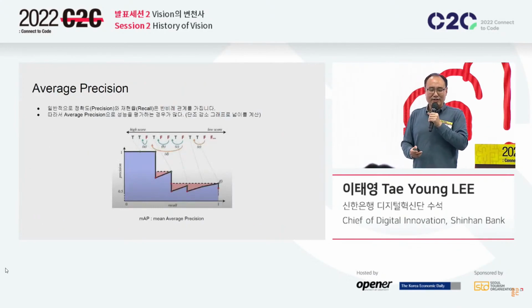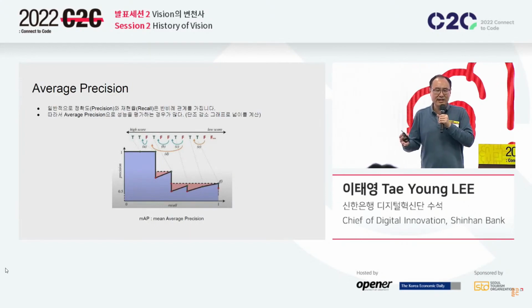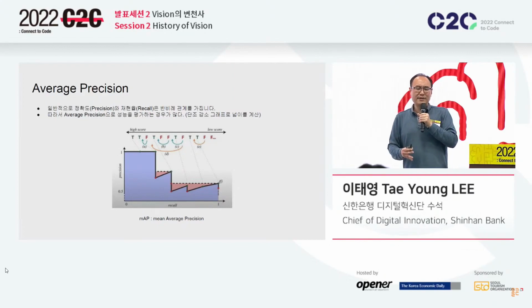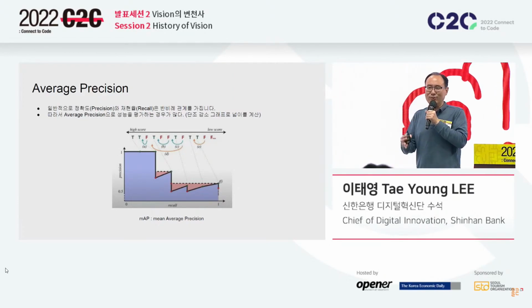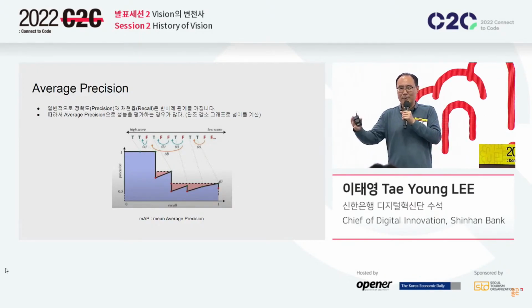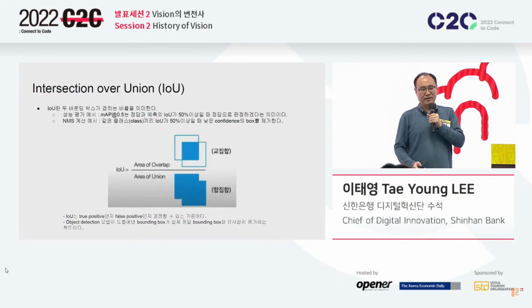And there's a new concept called average precision. The precision and the recall are inversely related to each other. When we apply these two concepts, it depends on the insight that you try to get, and also on the decision that you will make about the output.